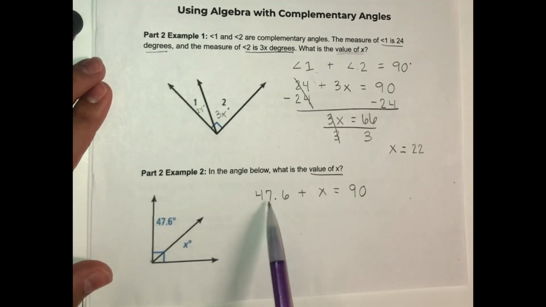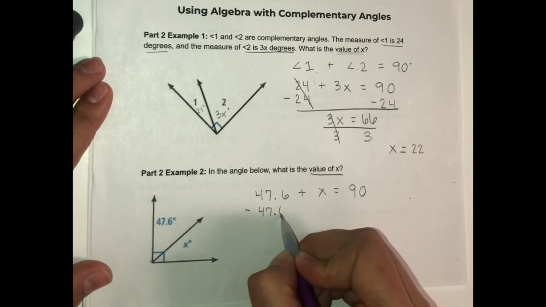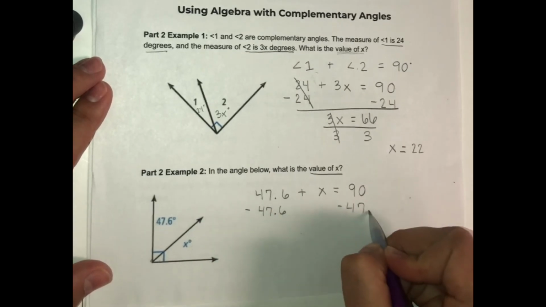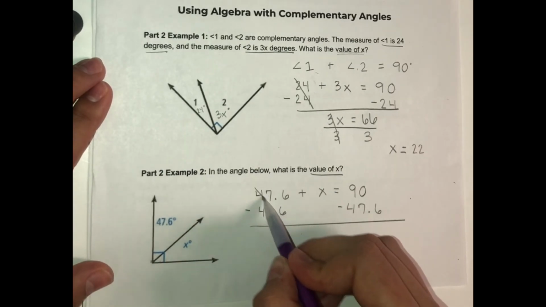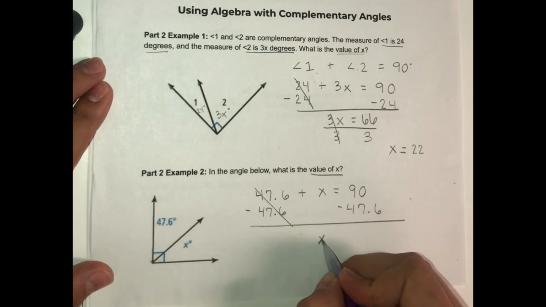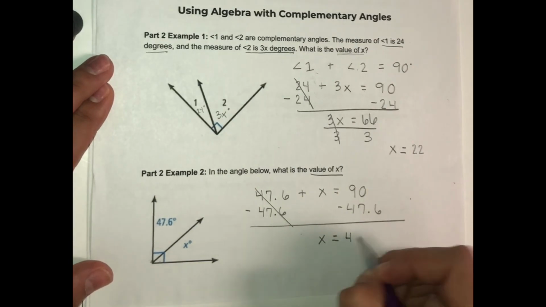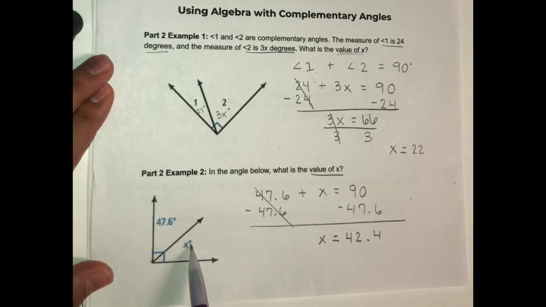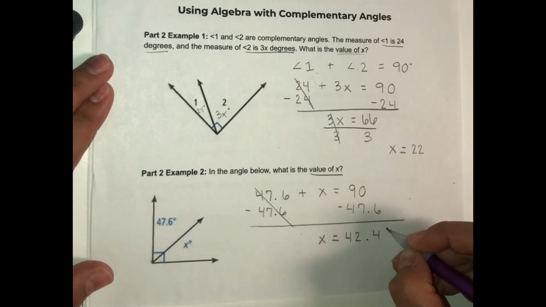This is a positive 47.6, so you're going to subtract 47.6 on both sides. 47.6 minus 47.6 cancels. You're left with x equals 90 minus 47.6 gives us 42.4. And this was x degrees, so I know this is 42.4 degrees.